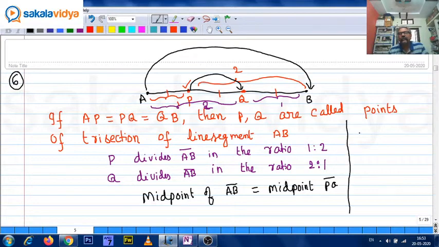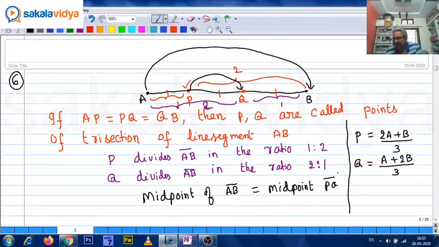So now, what are the P coordinates and what are the Q coordinates? The P coordinates are given by (2A plus B) by 3. This is the relation. Whereas the Q coordinates are (A plus 2B) by 3. Here P is called the first point of trisection and Q the second point of trisection. Whenever you want to find the first point of trisection P, make use of this formula; for the second, use this formula.